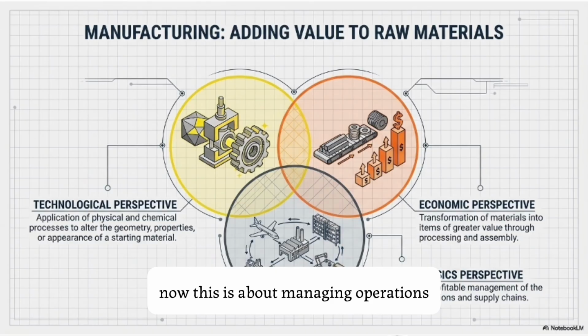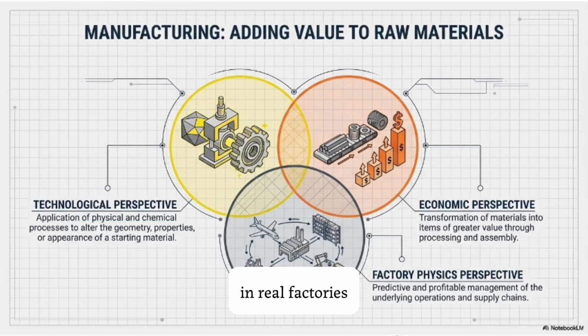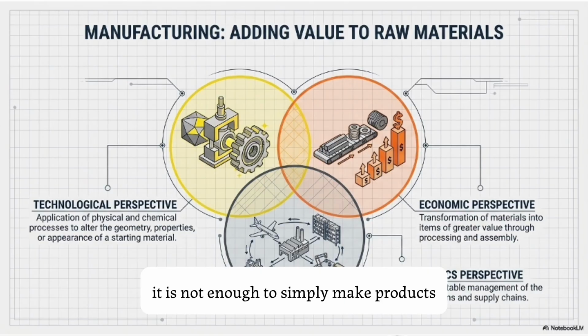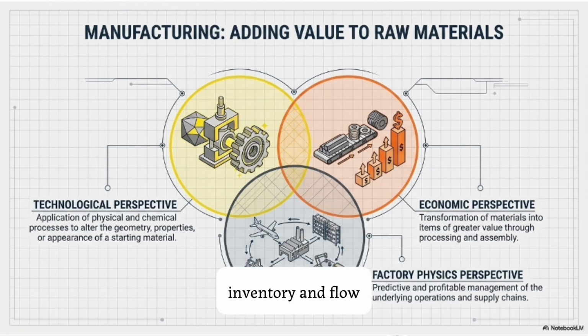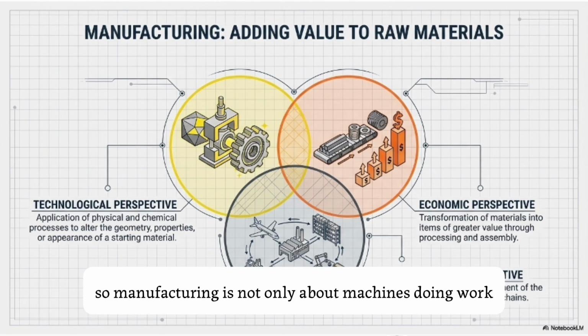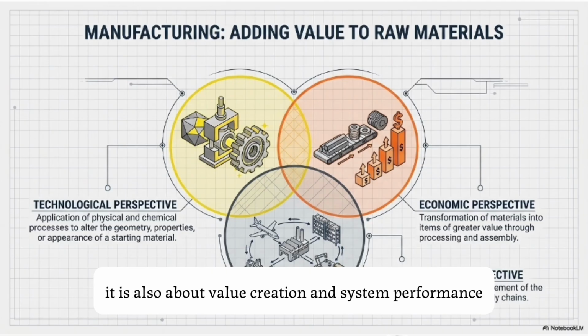Now, this is about managing operations and supply chains efficiently and profitably. In real factories, it is not enough to simply make products. The system must also manage time, variability, inventory, and flow. So manufacturing is not only about machines doing work, it is also about value creation and system performance.